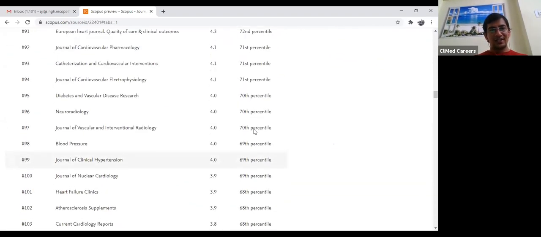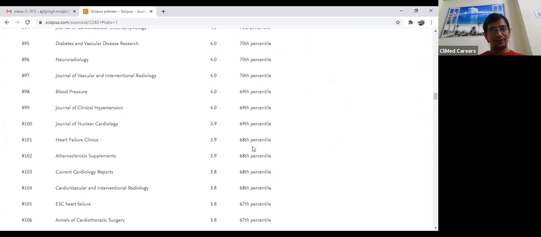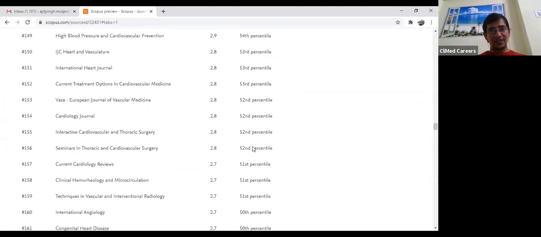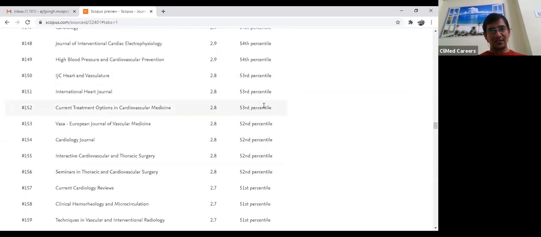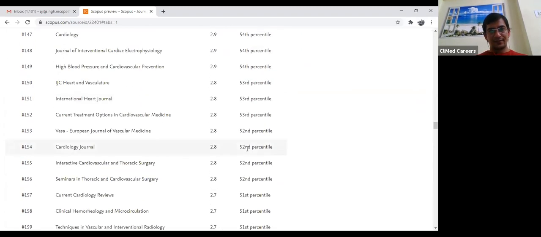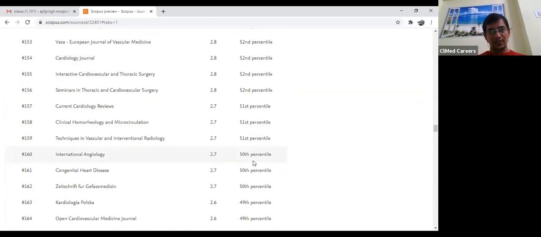So this 99th percentile here, you can see here, right? Till this Vascular Health and Risk Management, it is Q1. But after this, these all journals are Q2. And after this 50%, here 51, after this 50%, Q3.